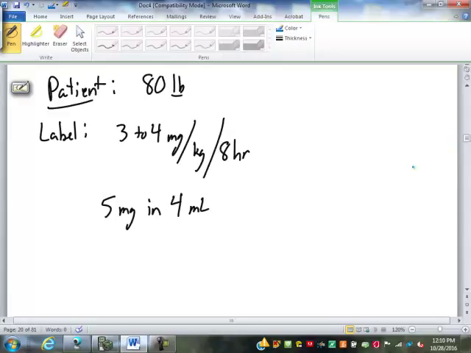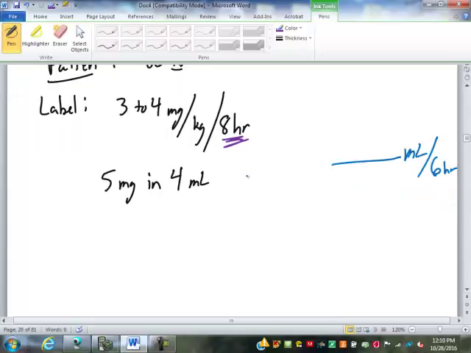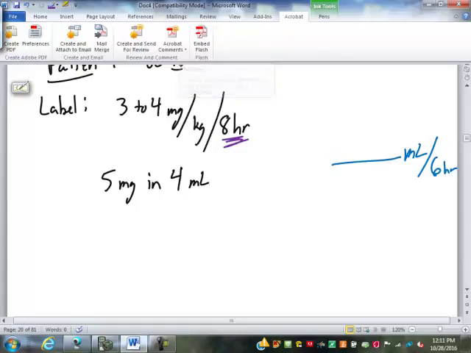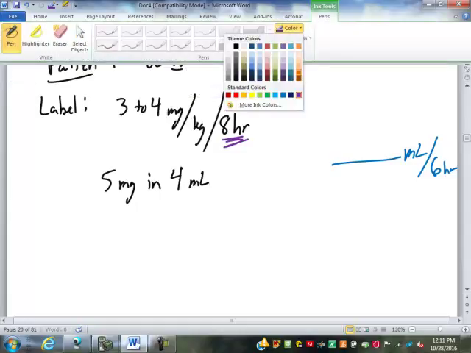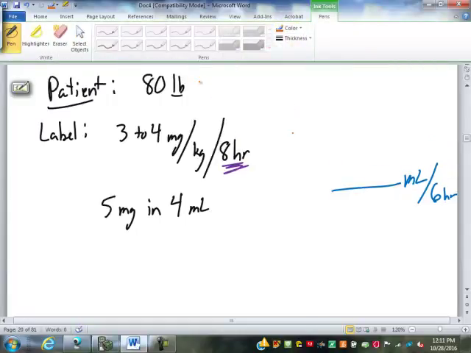The doctor is ordering you to medicate 4 times a day. So how many hours between doses? 6 hours. We are still going to ignore the 8 hours for now. We are going to, as always, convert our weight from pounds to kilograms.